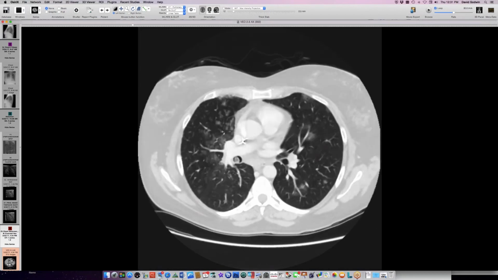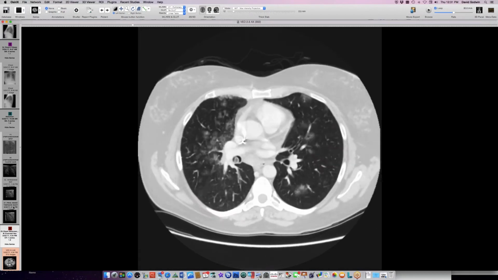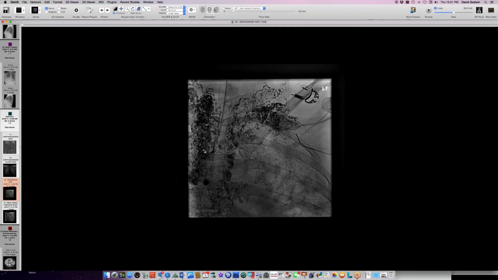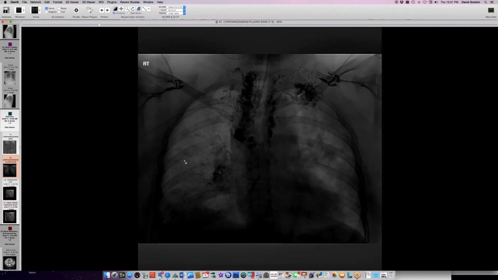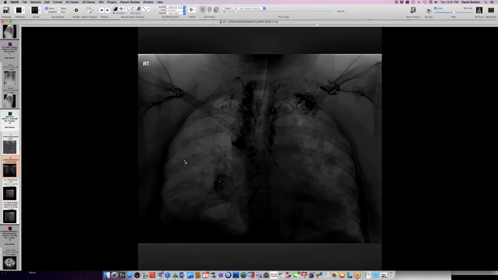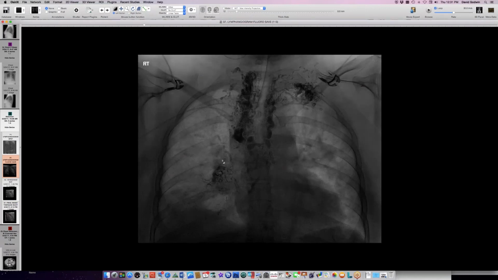And the person did have a lymph angiogram, which was considered grossly abnormal with lots of proliferation and distension of the thoracic lymphatics. Very grossly abnormal, with a lot of lymphangiographic contrast getting out into the right lung.